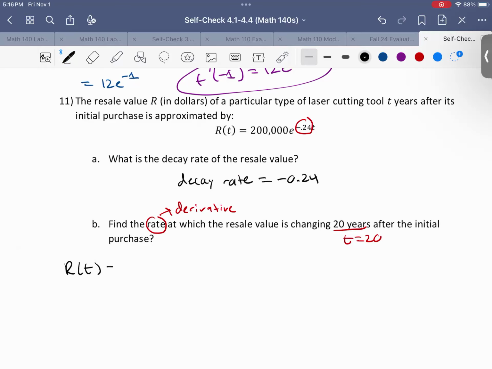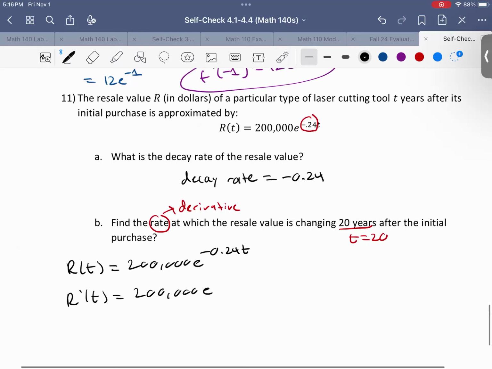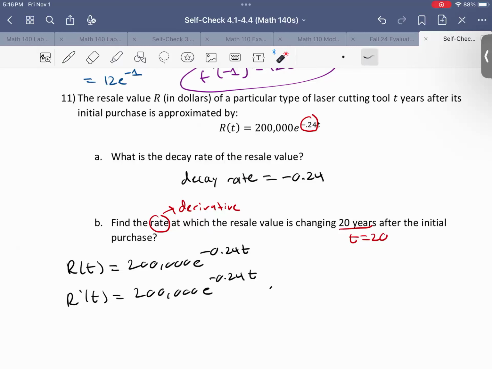R of T equals 200,000 e to the -0.24 T. So I need to find the derivative of this. So R prime of T is just going to be the same exact thing. The 200,000 comes along because it's just a coefficient, nothing happens to it. So derivative of these exponentials is just going to be the same exact thing times the derivative of the exponent.